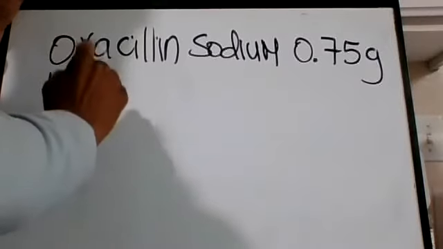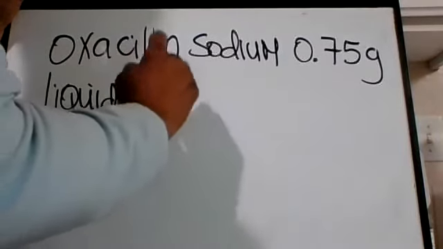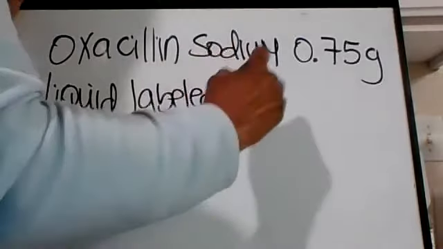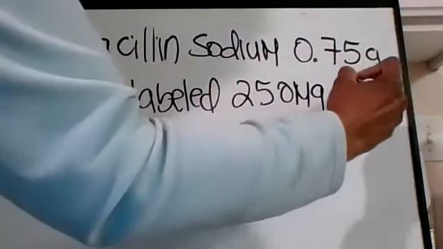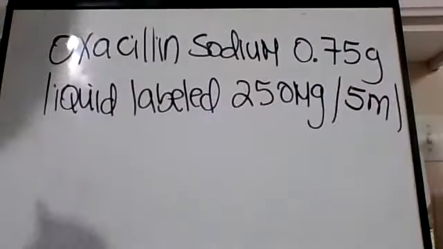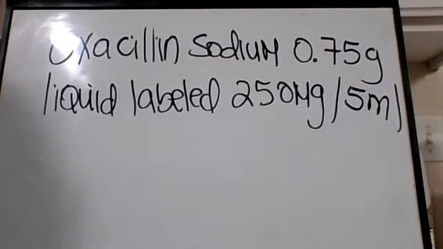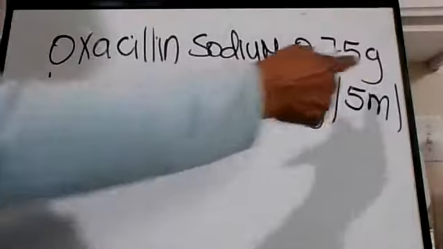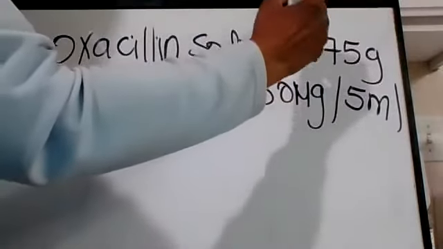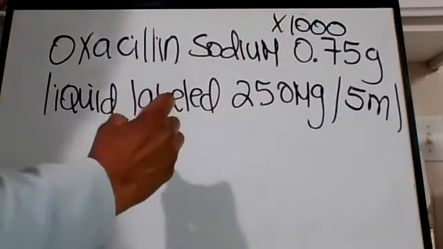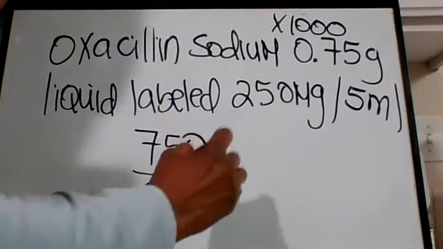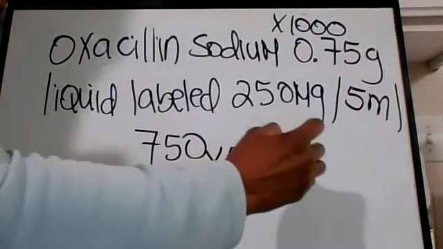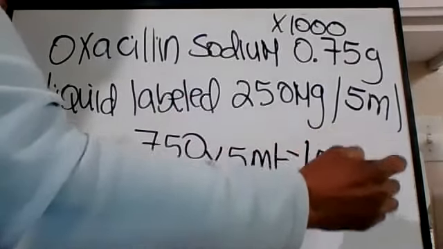Liquid is available at 250 milligrams per 5 milliliters. All right, we're going to have to convert grams to milligrams. We have to multiply by 1,000. We're going from largest to smallest. All right, and that would give us 750 divided by 250 times 5 milliliters, and we come up with 15 milliliters.